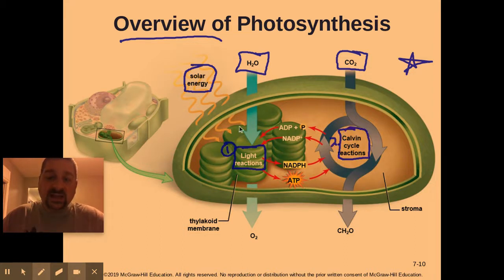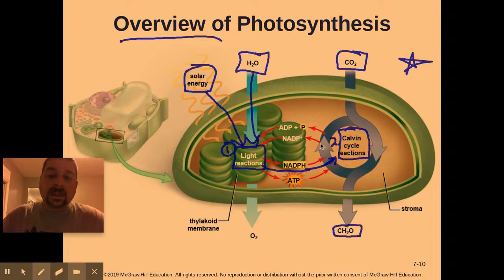You can see that the light reactions are taking in light, they're taking in water, and they're going to be giving off electrons, which are captured by NADPH, and some energy from the electron transport chain as ATP, which are carried over. That energy and electrons are carried over to the Calvin cycle, which turns that CO2 into a carbohydrate.